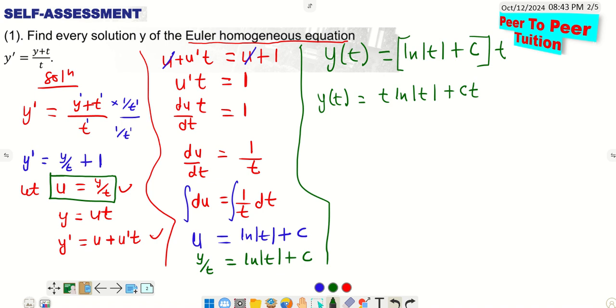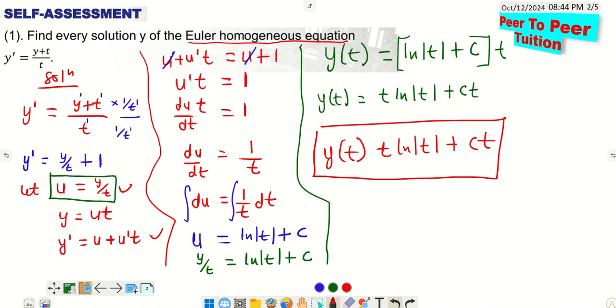So finally, the answer is y of t equal to t ln t plus tc or ct. And that is the solution to the differential equation.